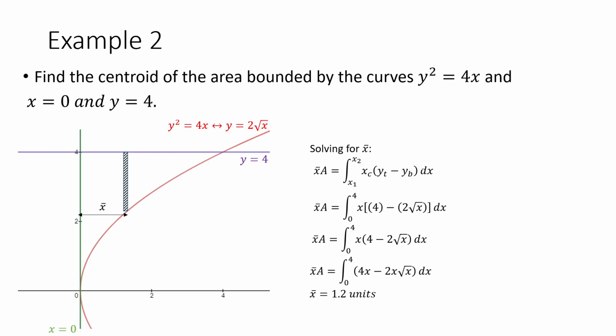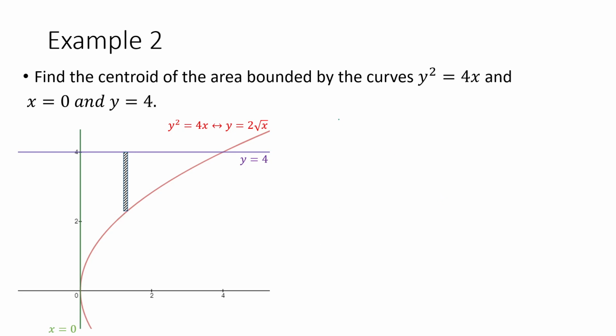So again, this one should be x sub c. Okay, this time we now solve for bar y. So the area is equal to, again, 16 over 3 square units.